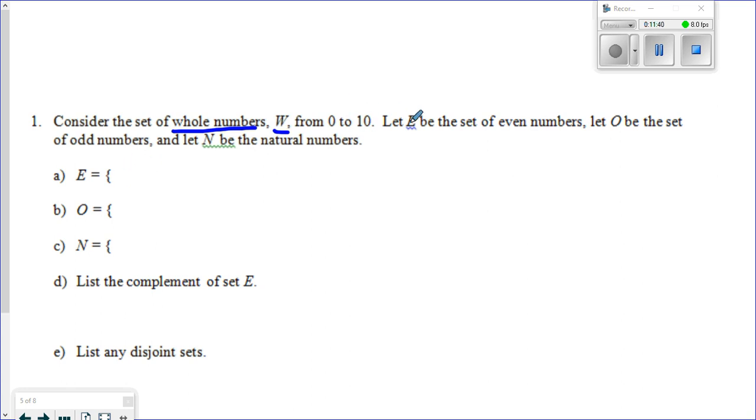It says, let E be the set of even numbers, let O be the set of odd numbers, and let N be the set of natural numbers. Natural numbers are like whole numbers, but natural numbers don't include 0, just in case you don't remember the different number systems.